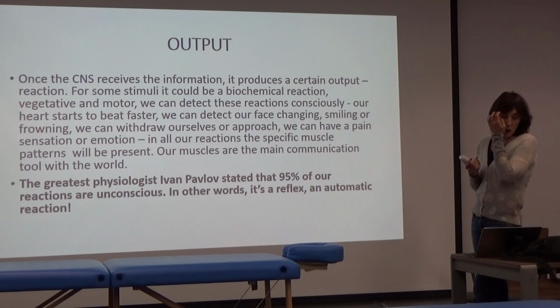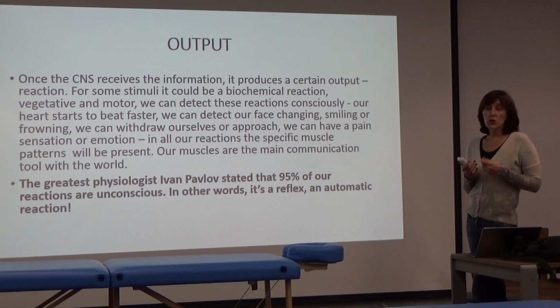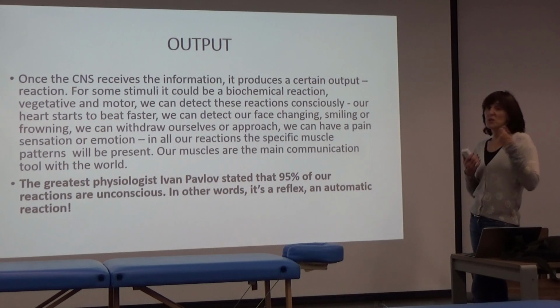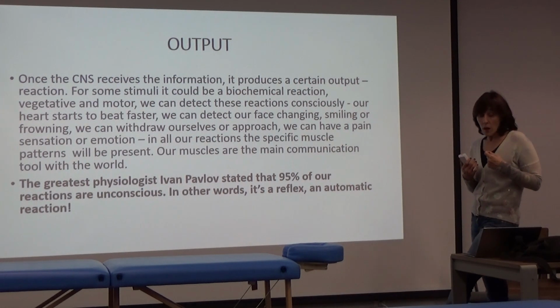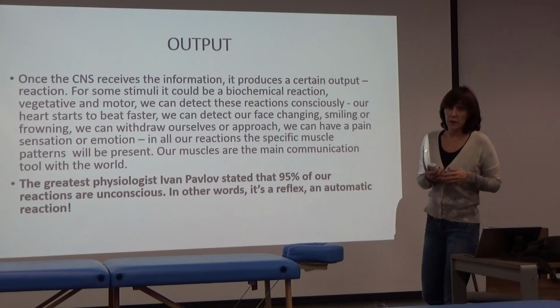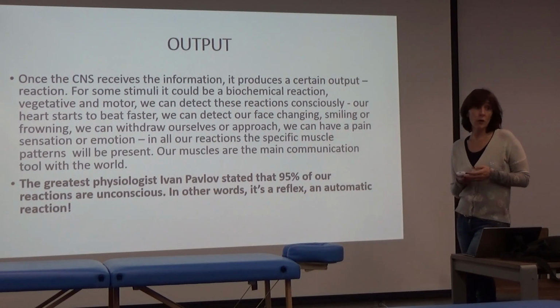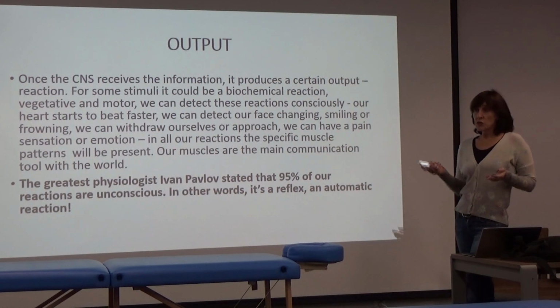For example, when we're scared of something or anxious, our heart starts beating faster, and we detect this. Do we choose? Do we order, I want my heart to beat faster? No, we don't. It starts beating faster, it's a fact, and then the conscious mind perceives it and has to deal with it, has to find a solution how to adapt to the stimulus which causes this heart beating.